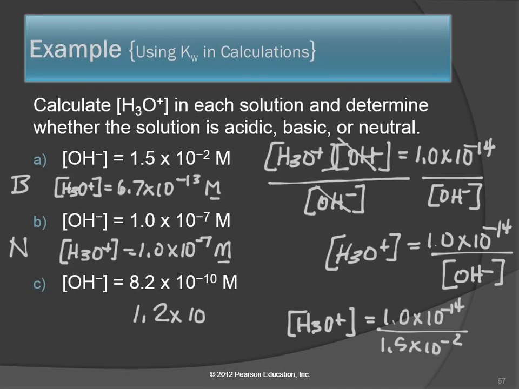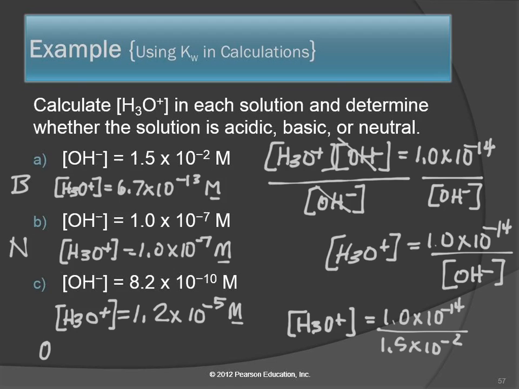That gives 1.2 times 10 to the minus 5. Is this greater than or less than 10 to the minus 7? It's those pesky negative signs. 10 to the minus 5 is larger than 10 to the minus 7.